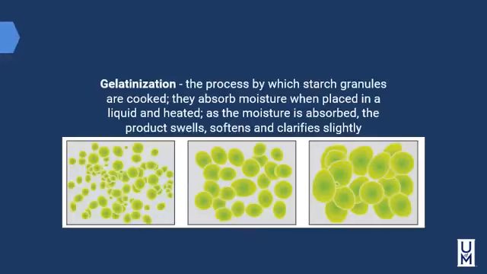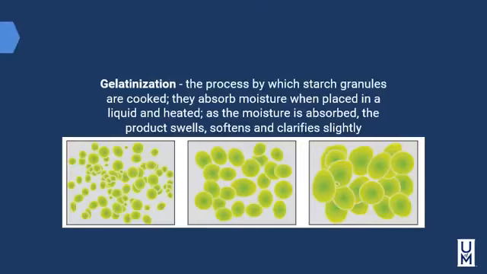Gelatinization occurs gradually over a range of temperatures between 150 and 212 degrees Fahrenheit, or 66 to 100 degrees Celsius, depending on the type of starch. Starch gelatinization affects not only sauces or liquids to which starches are added for the express purpose of thickening, but also any mixture of starch and liquid that is heated.